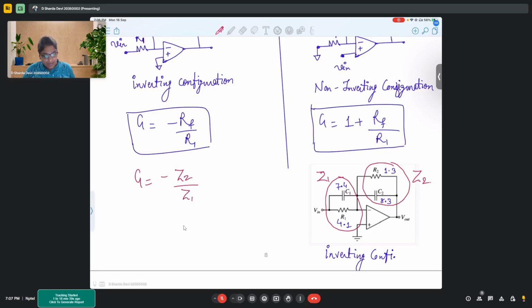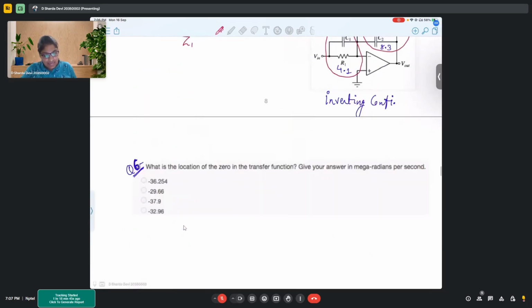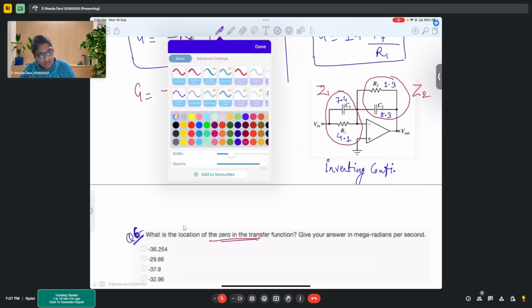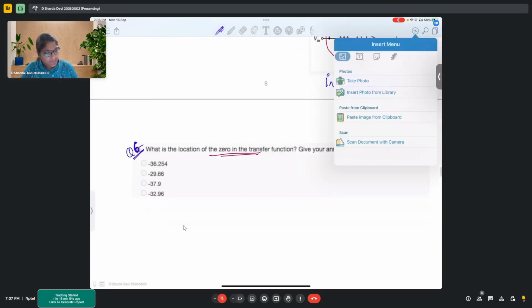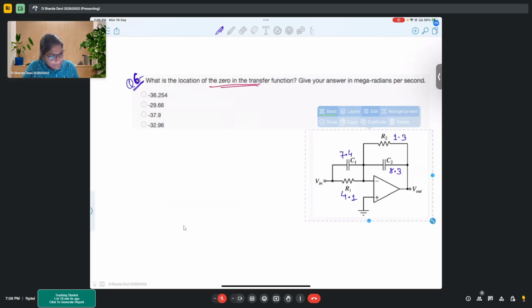So in this particular problem, it was asked what the pole of the transfer function is. Similarly, what is the zero of the transfer function? Basically, in the same question, you have to find the poles and zeros of the same circuit.